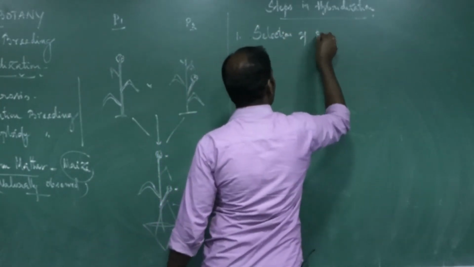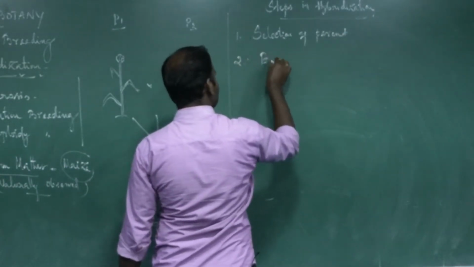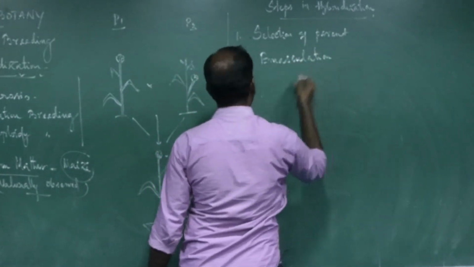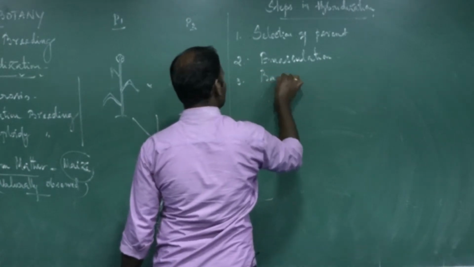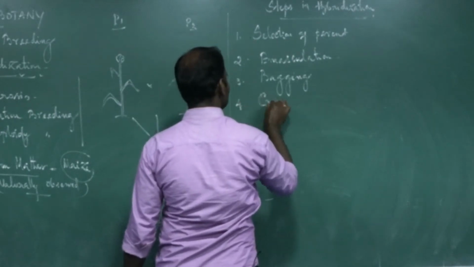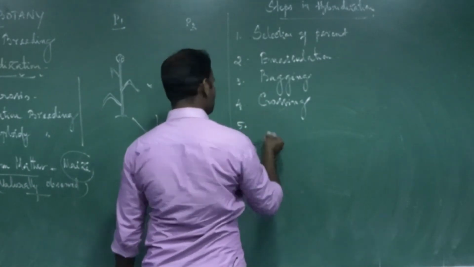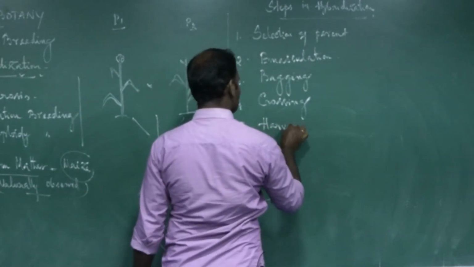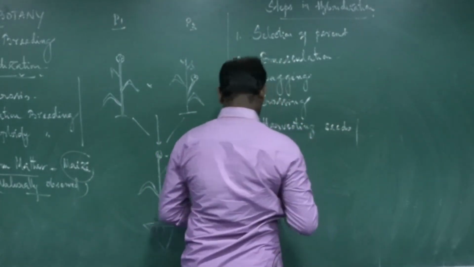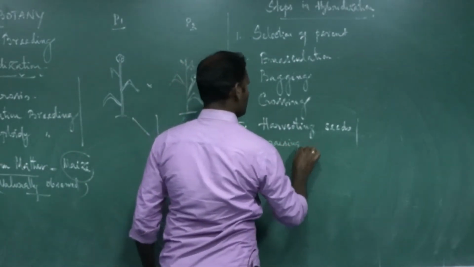Second, emasculation. Third, bagging. Fourth, crossing. Fifth, harvesting seeds for raising the new crop.